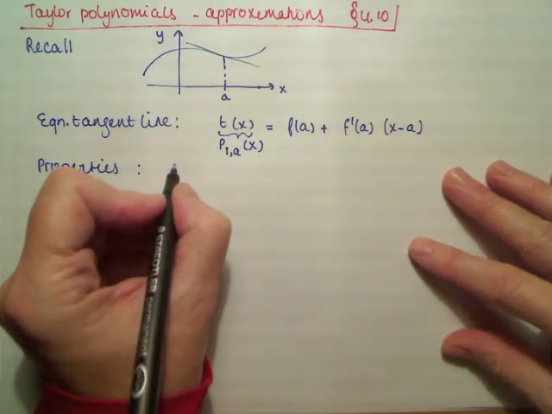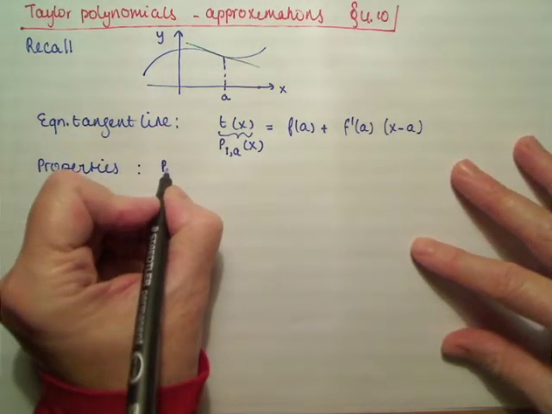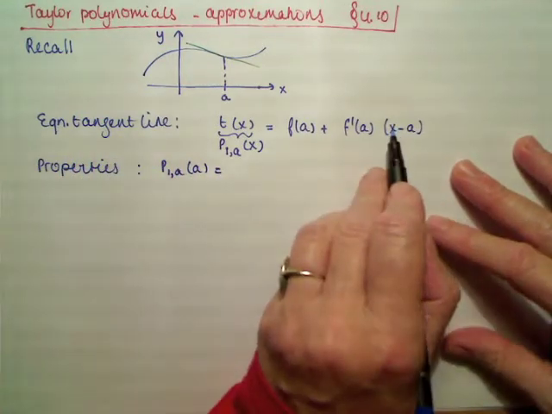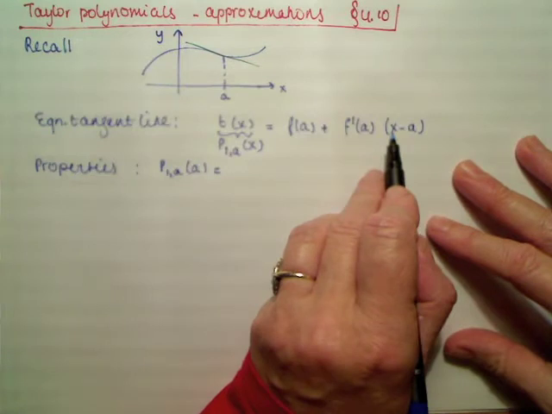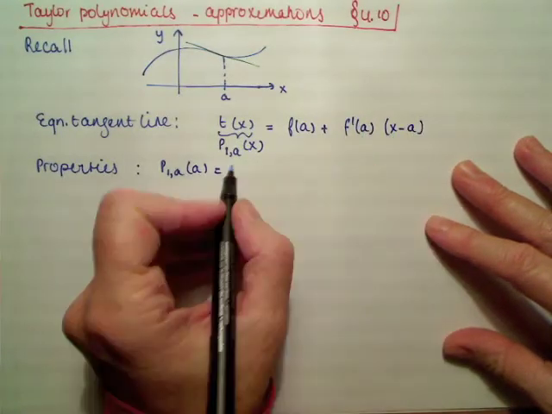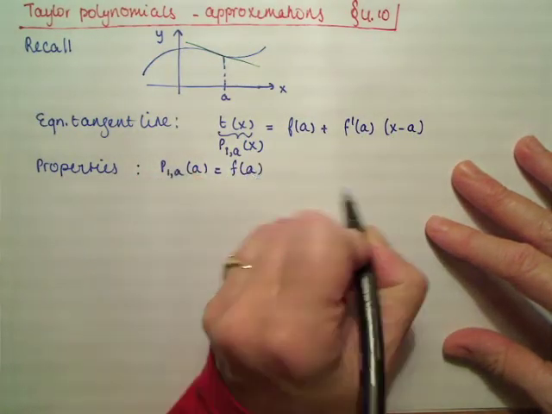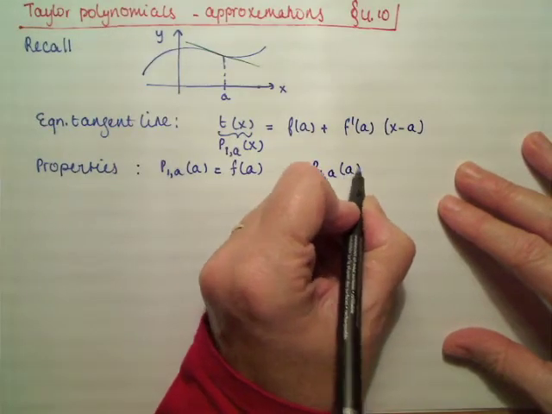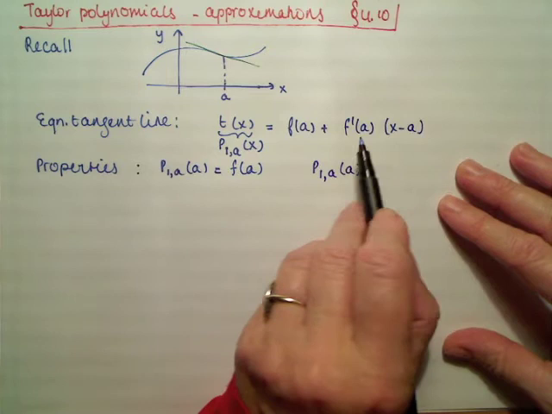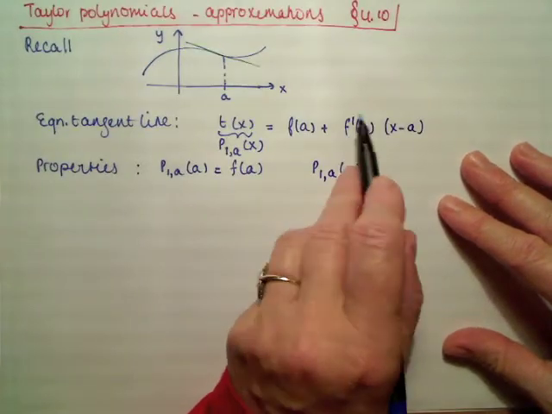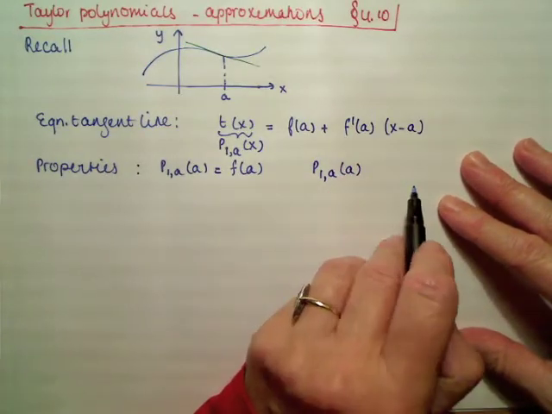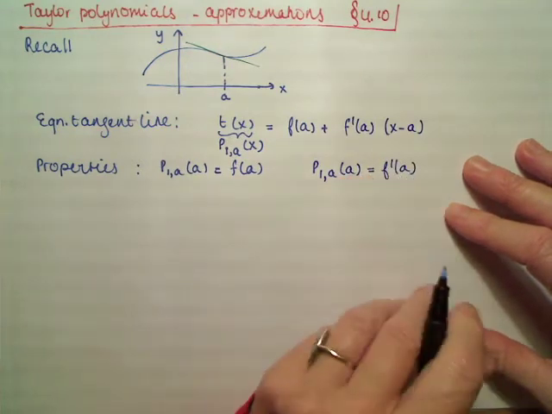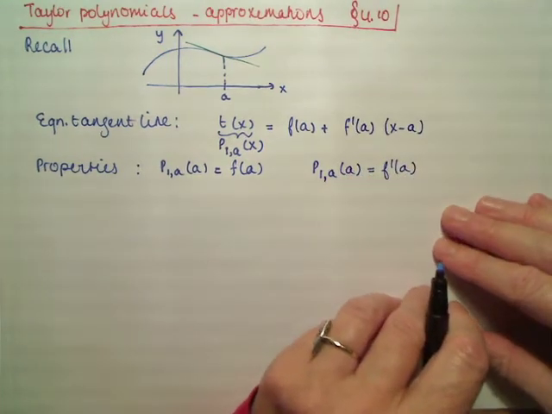If you plug in the value at the point A, then we get x equal to A minus A, so we get the function value at the point A. And also if we compute the derivative of this first degree polynomial, you see that this is just the derivative of the function at point A. So the derivative at A of the polynomial and the function are equal.